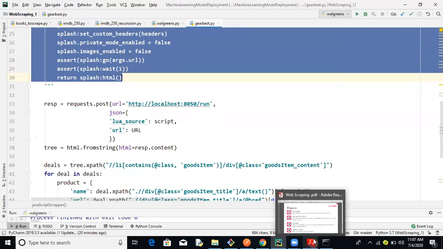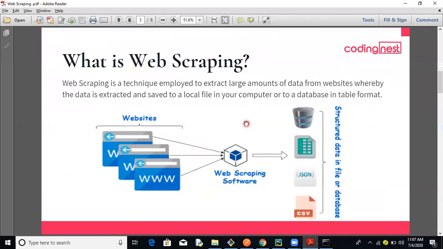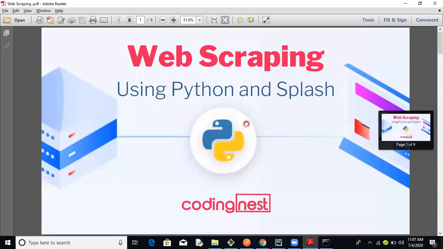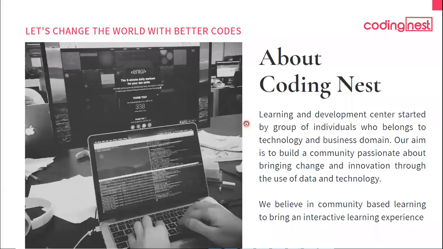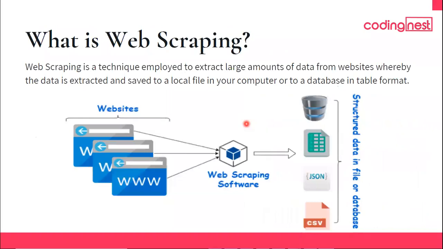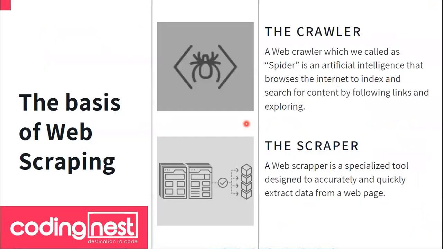So what we have done so far. Where we started: we discussed what web scraping is. Then we discussed crawlers and scrapers. Crawlers require a design pattern to get the data available.